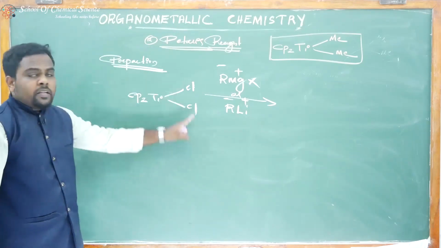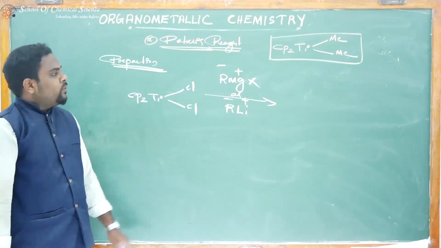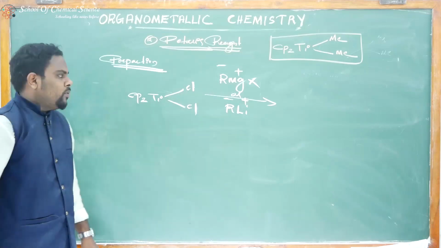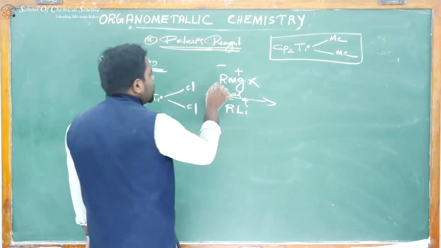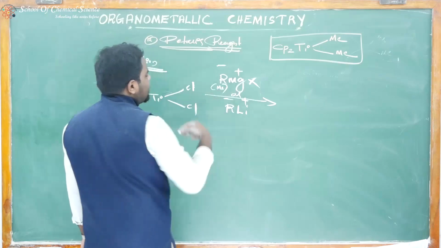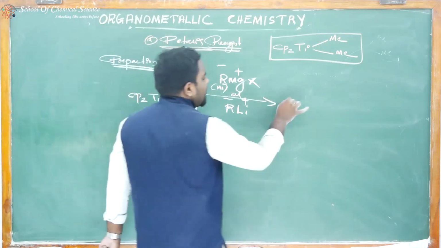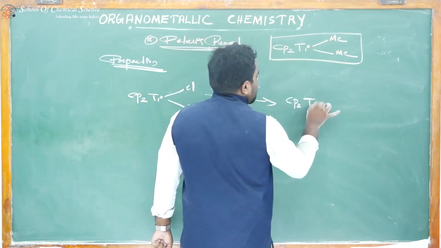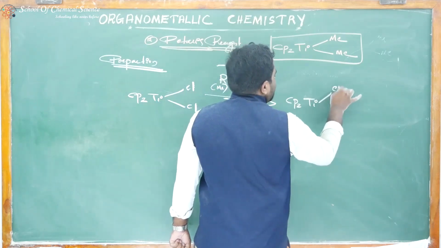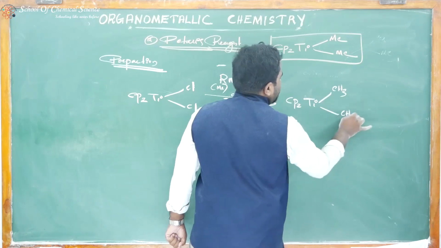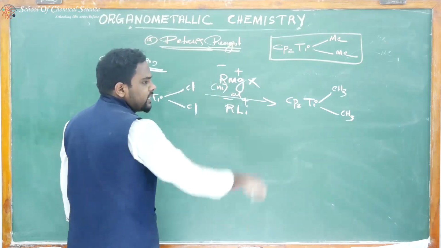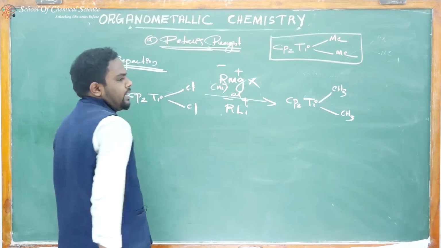You know the metal-chlorine bond is a weak bond compared to the metal-carbon bond. So if R is a methyl group, with methyl magnesium halide, these two chlorines are replaced by methyl groups. Cp2Ti(CH3)2, using CH3MgX or CH3Li.